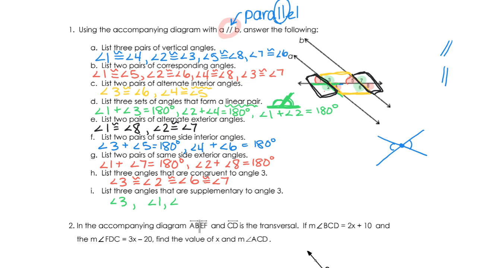Angle 4 would be supplementary and add up to 180 with angle 3. Angle 5 would be supplementary to angle 3. And angle 8 would be supplementary to angle 3. Okay, so angle 3 plus any one of those angles would add up to equal 360. I'm sorry, not 360, 180.